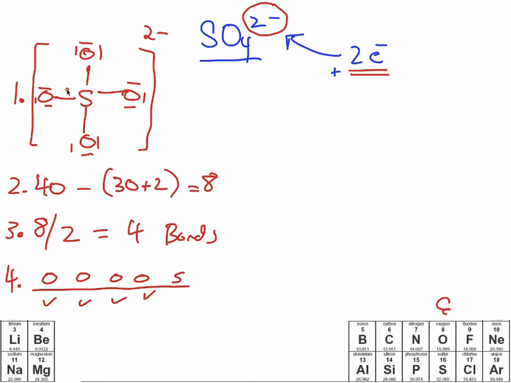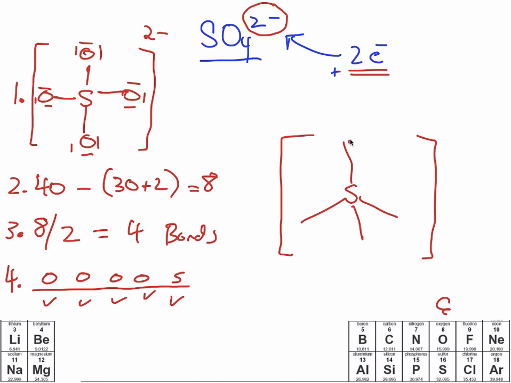And the S, 2, 4, 6, 8. Good there on the S. So this molecule, when you look at it, actually forms another tetrahedral. But you got to put that charge out there for the polyatomic ion, okay?